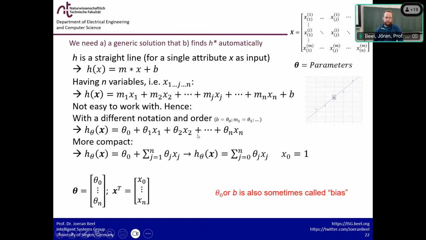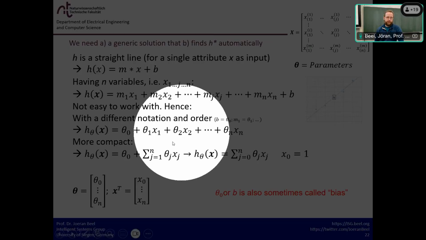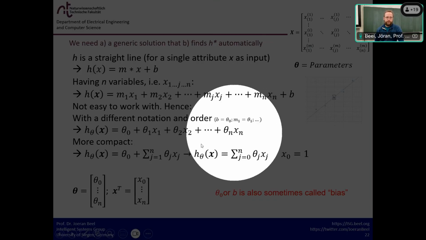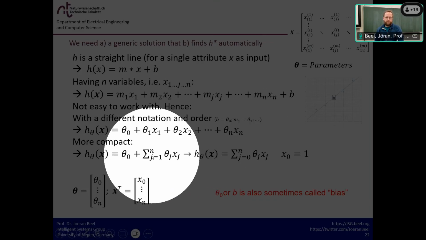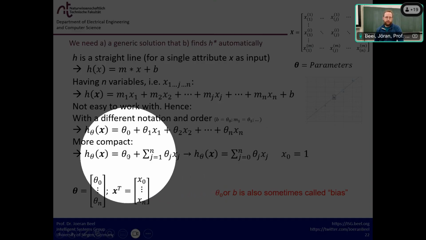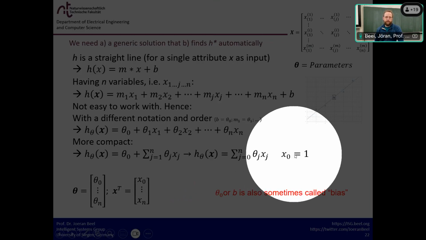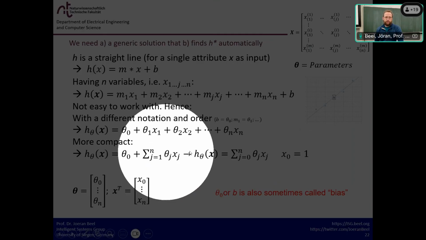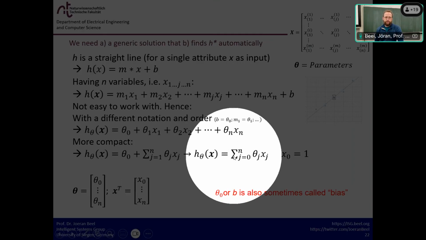In the next step, we make it more compact. So we just write it in sum notation. We can write everything from here to here as the weighted sum of theta j and xj. We still keep theta 0. And if we now define x0 as 1, we can write this formula as this.